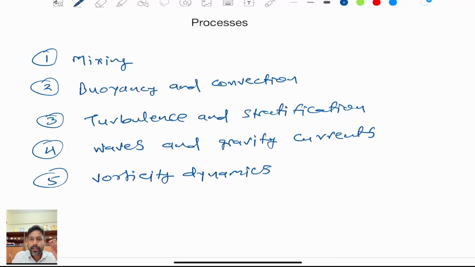And so we will take examples of each process, and we will try to study a particular problem in the context of that process.